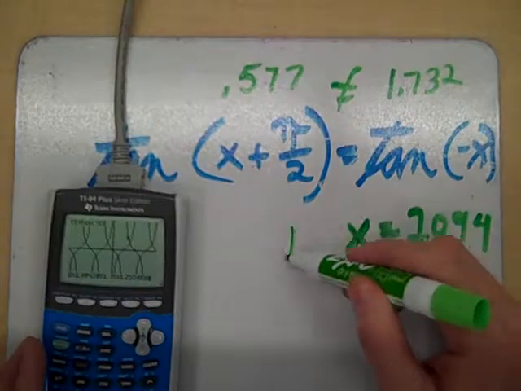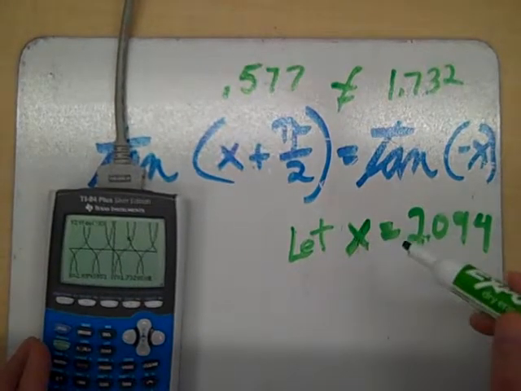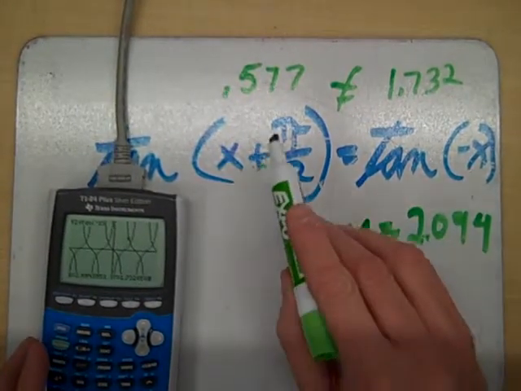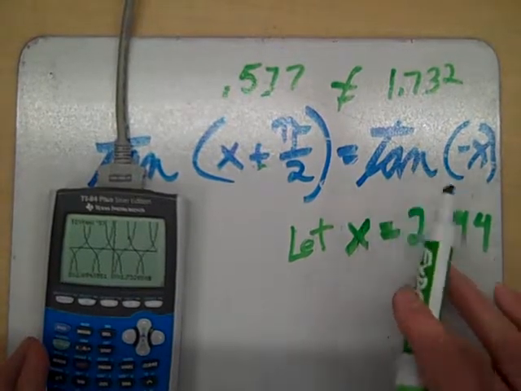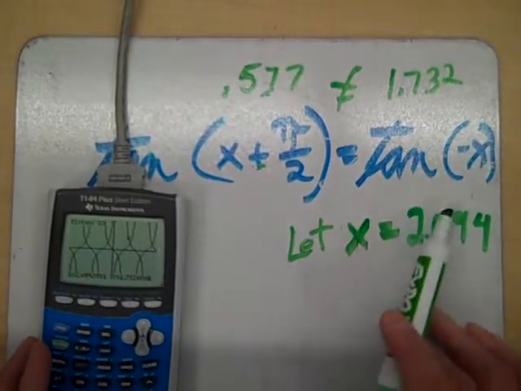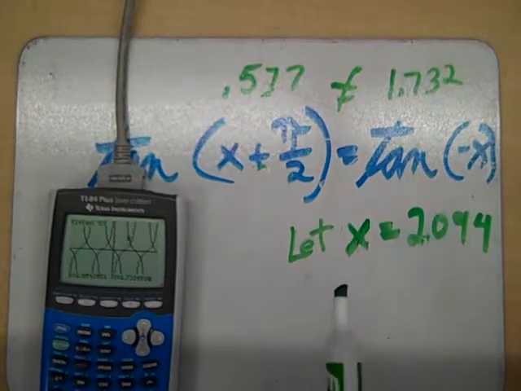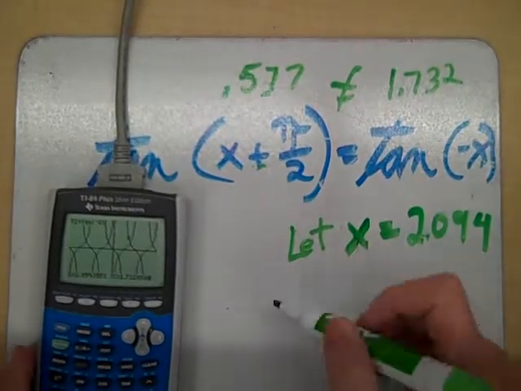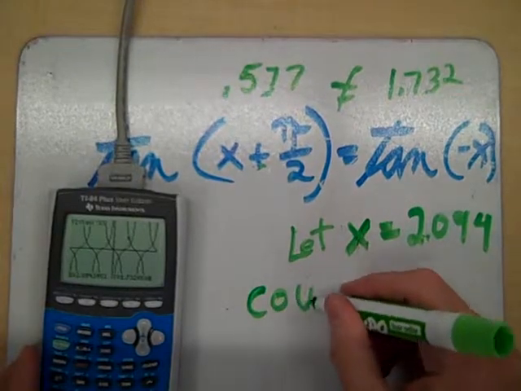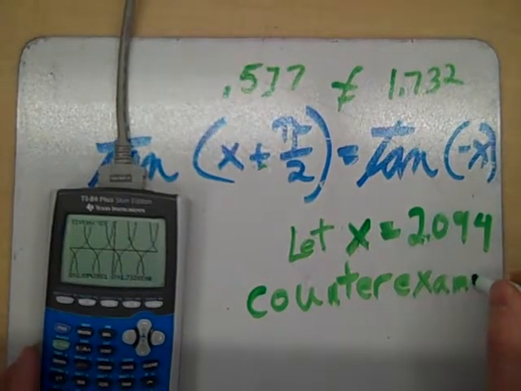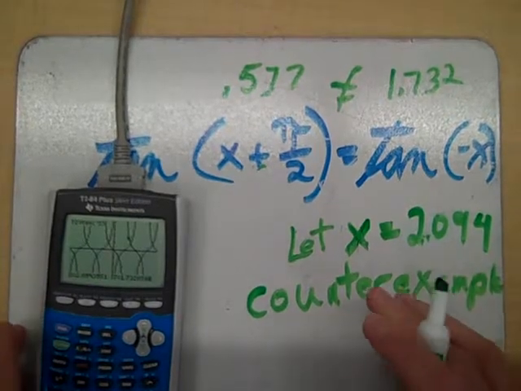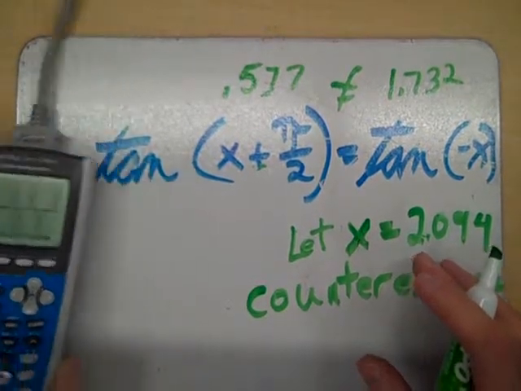The tangent of x plus pi over 2 equals 0.577, and the tangent of negative 2.094 is 1.732. There's a counterexample. Just find a place where they're not equal. You can do other ones if you want. All right.